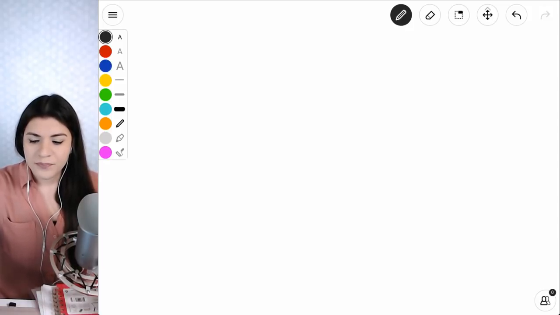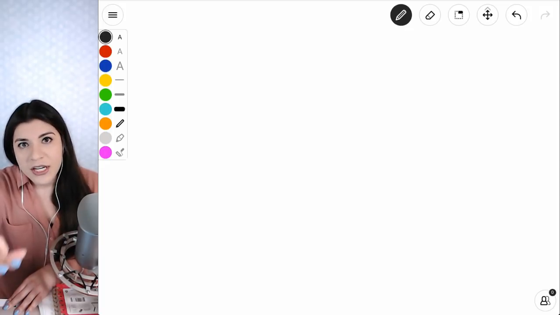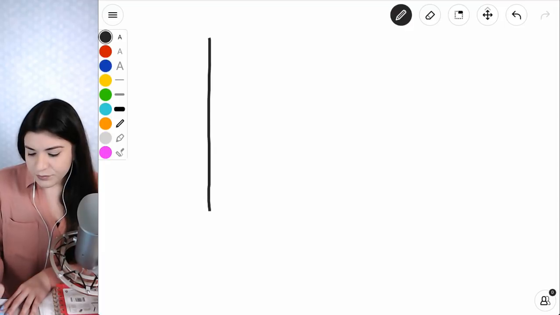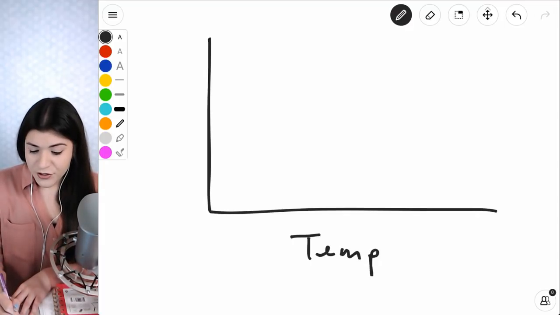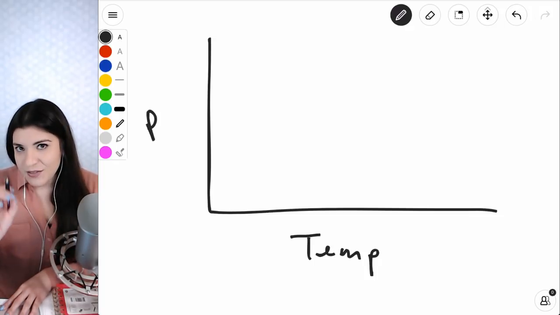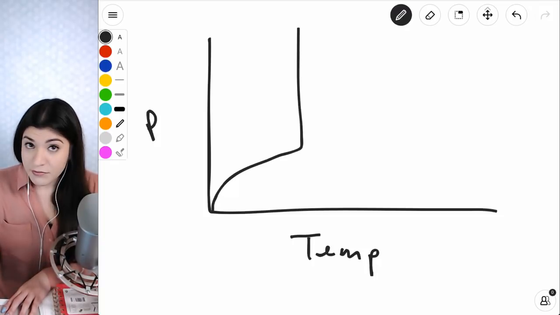Here we go. What a phase diagram is really representing is just how we're changing our phases overall. Typically temperature is your x-axis and pressure is your y-axis. There are specific places on your phase diagram that symbolize a specific phase.